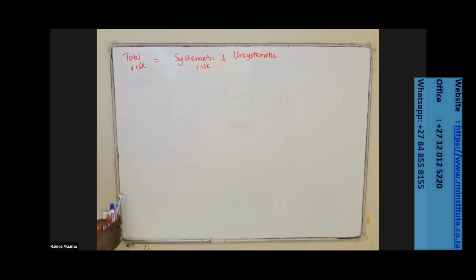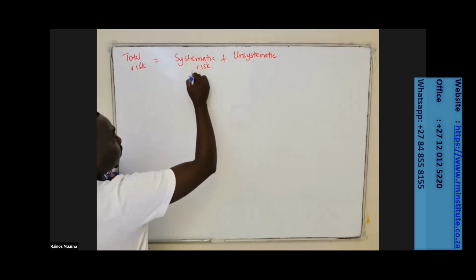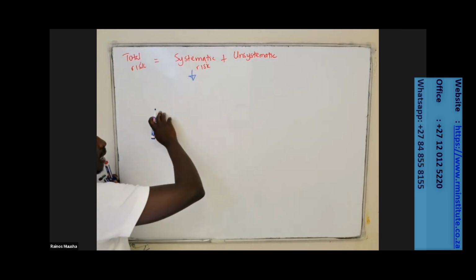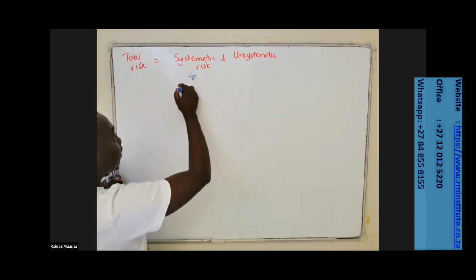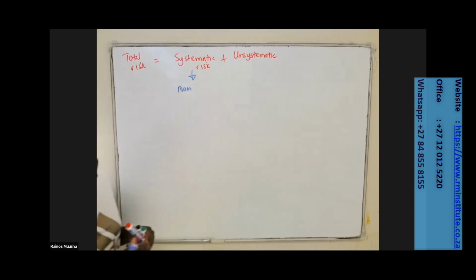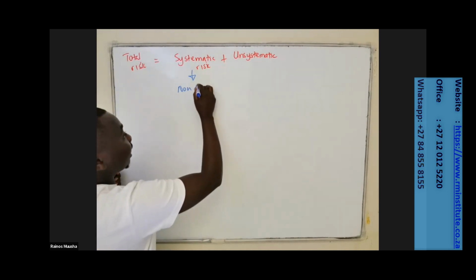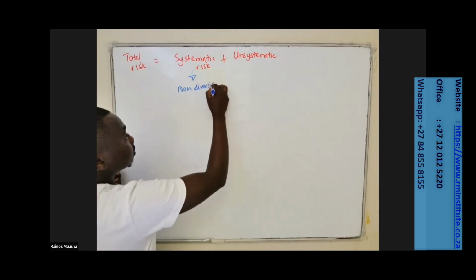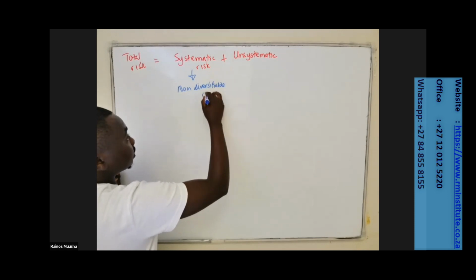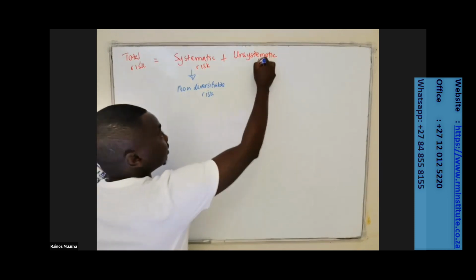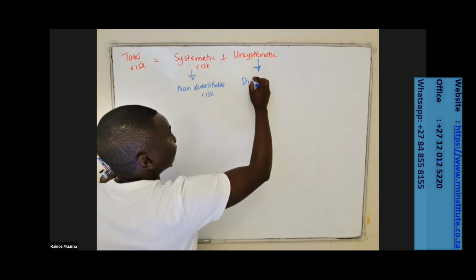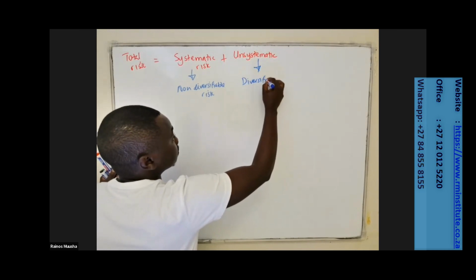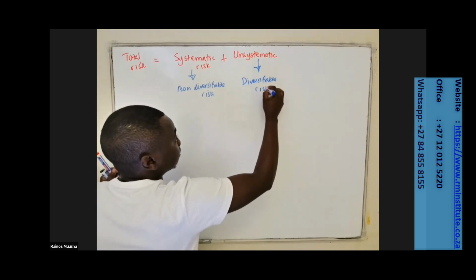The systematic risk in this case is also referred to as the non-diversifiable risk, and the unsystematic risk is also referred to as the diversifiable risk.